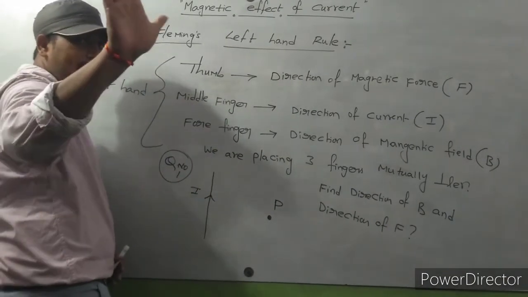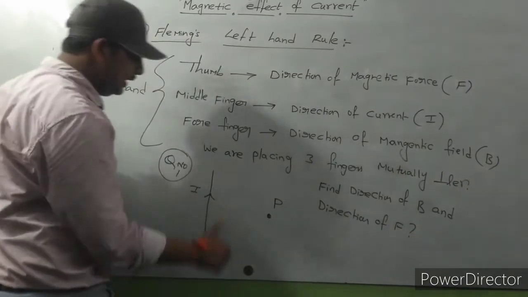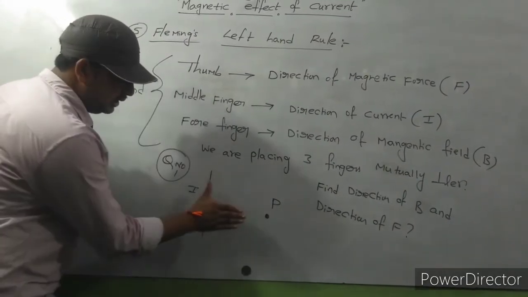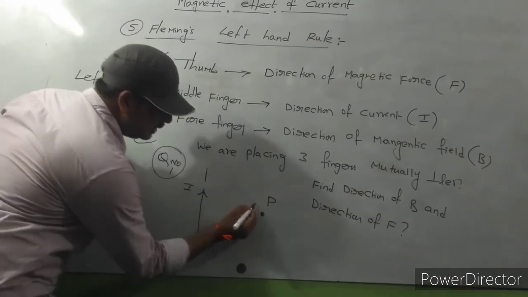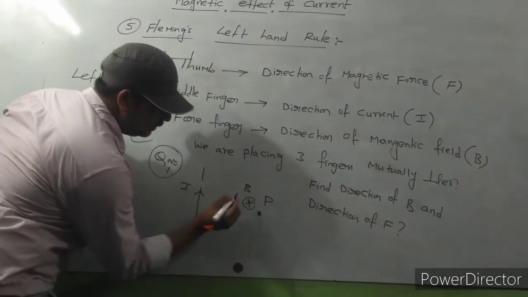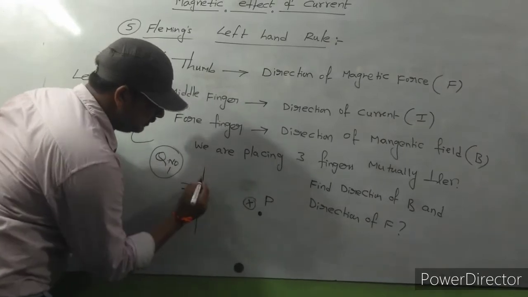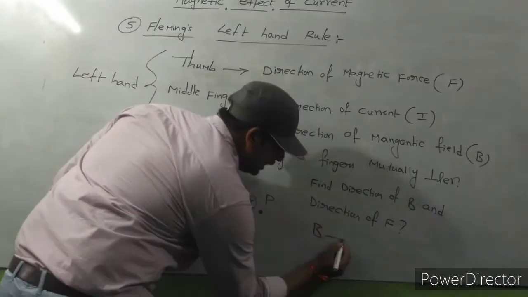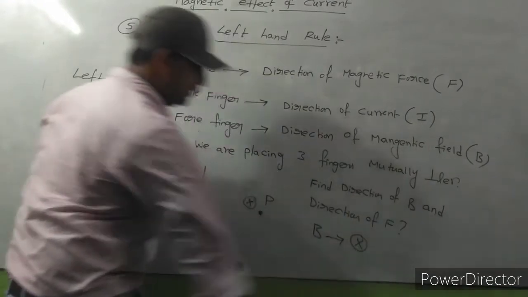Thumb indicates direction of current. Curling fingers indicate direction of magnetic field. So here magnetic field direction is into the face. So first question, magnetic field direction is into the face.